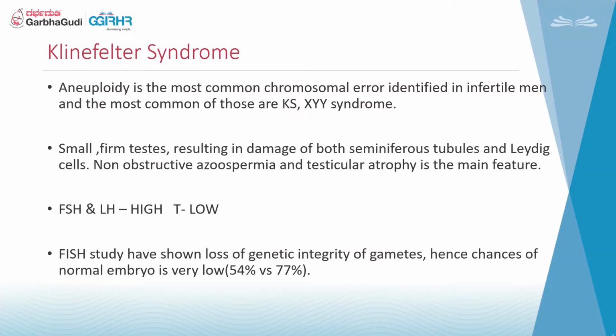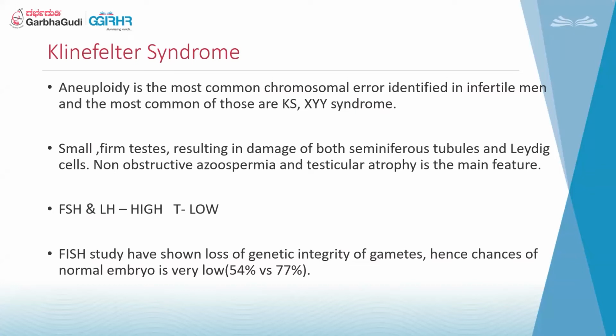By and large, these men will have small and firm testes because it is genetic. So right from the beginning, the testes won't grow, and it will be small firm testes resulting in damage of both seminiferous tubules and Leydig cells. It is a non-obstructive azoospermia factor, and testicular atrophy is the main feature.